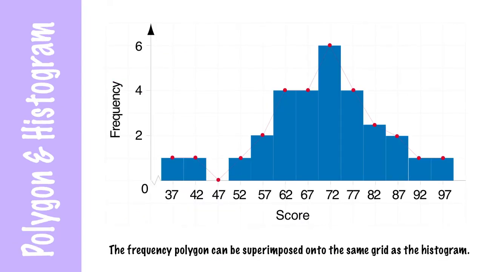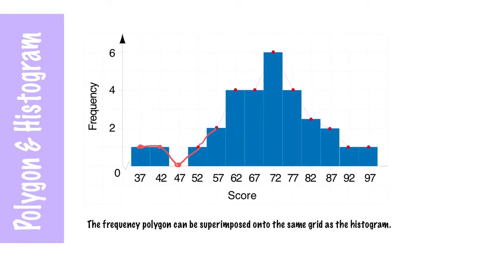Okay, now we take this information and create a frequency polygon, and that can be superimposed onto the same grid as the histogram. So here's our frequency polygon in red, and then our histogram in blue, a very nice illustration of the data that we've collected.